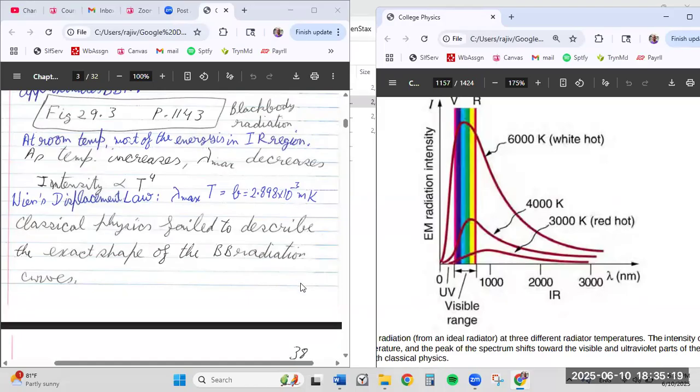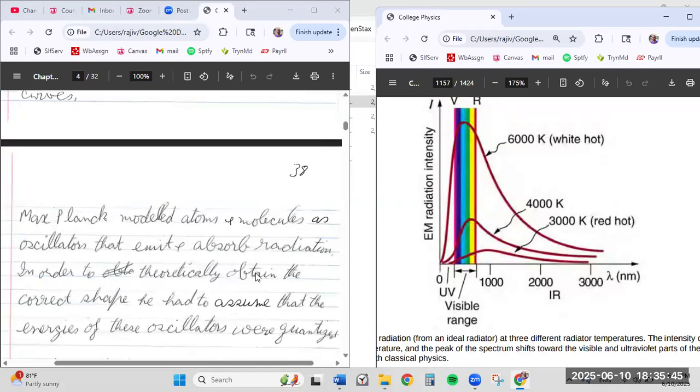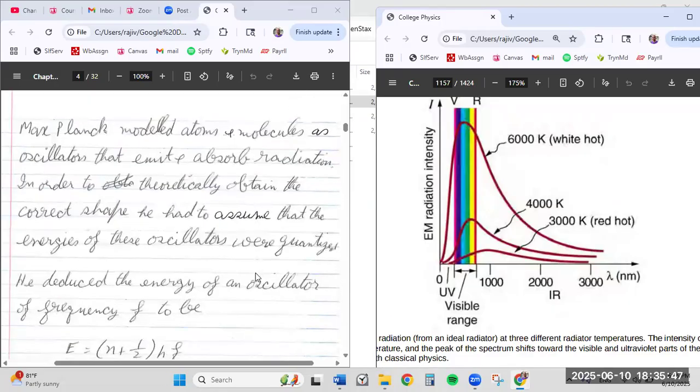Now, the relevance of blackbody radiation in this context is the following. If you look at the exact shape of these curves, classical physics was unable to describe why these curves of blackbody radiation should have this particular shape. So this was a puzzle for physicists for a long time.